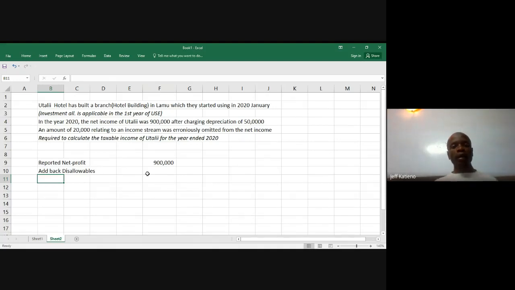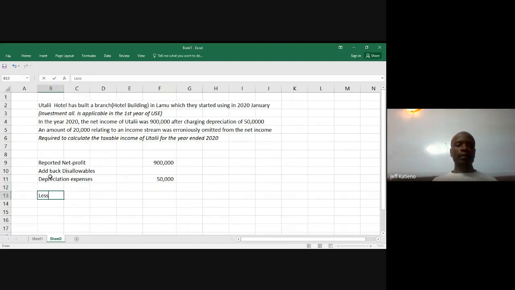So you'll add back depreciation. So you will write here depreciation expense. Add back the disallowables. Depreciation expense was 50,000.